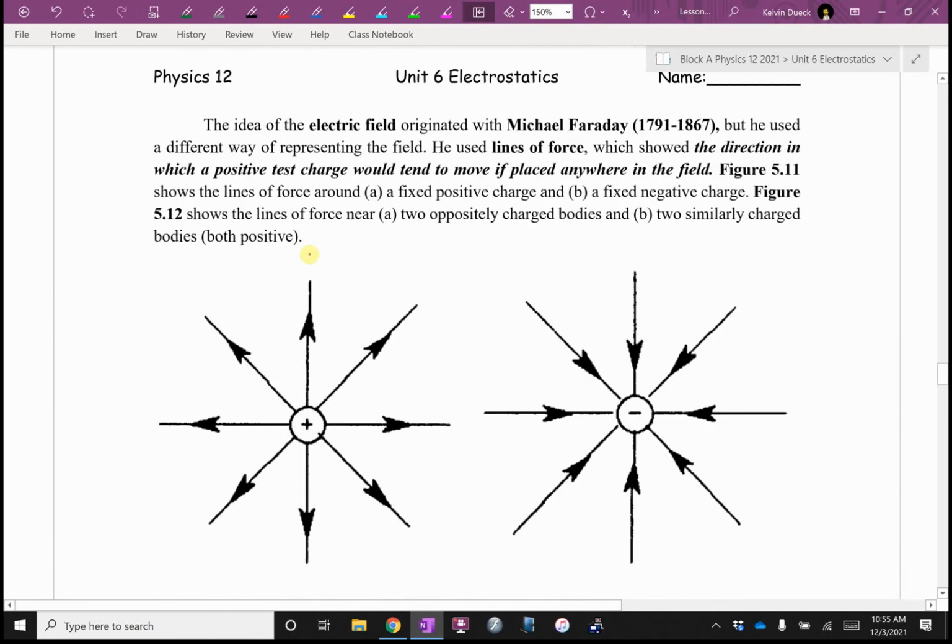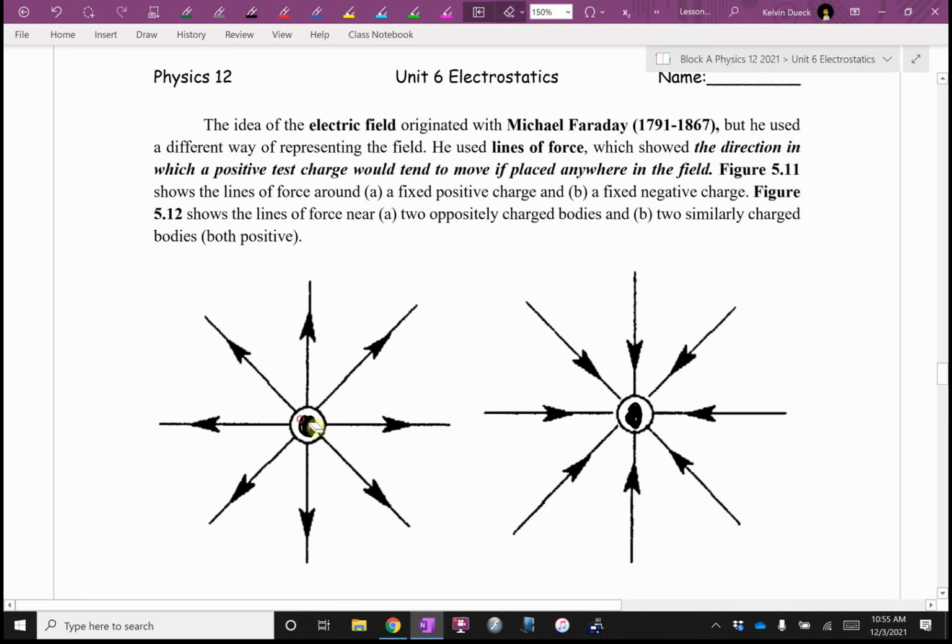Okay? So once you've drawn your electric field lines, just for practice, I won't ask you to draw electric field lines on a quiz or a test, but here's what I will do. If you look up, I'll give you a picture like that, and I'll say, which one is positive, which one is negative? And how do you know?